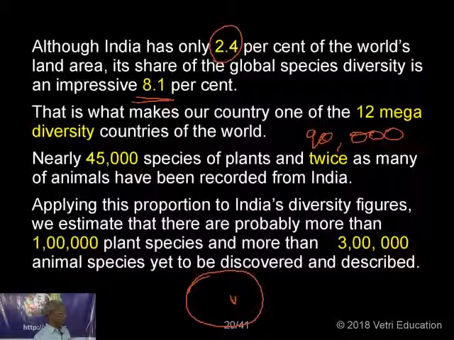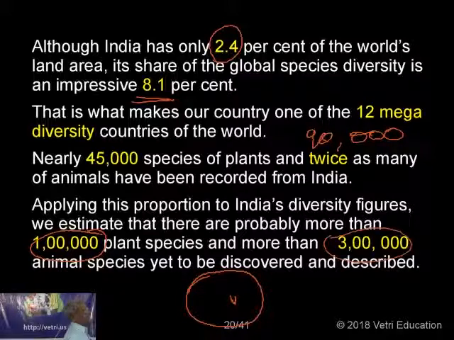Very pathetic situation, because the facilities are not available. So many species are there in our Indian forests and Indian oceans that we are not able to identify. So applying this proportion, we have come to the conclusion that they have yet to be studied. Nearly 1 lakh plants and 3 lakh animals are yet to be described.